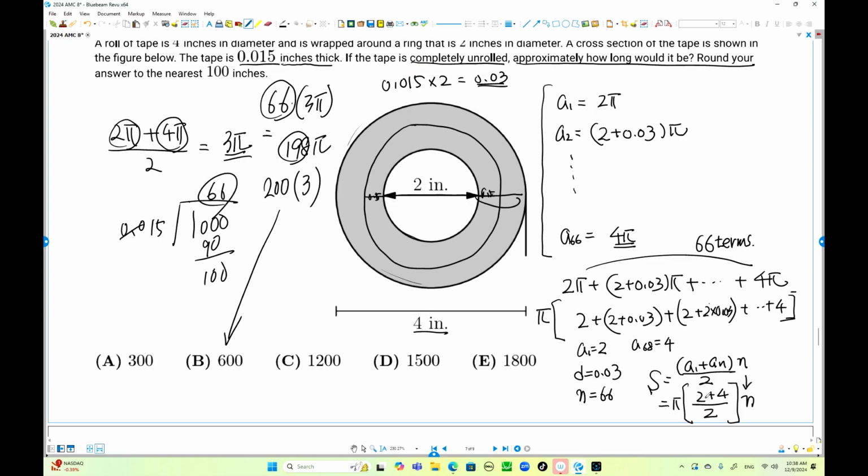When you multiply by pi, that's 2 pi plus 4 pi over 2, times the number of circumferences, 66, which is the total length of tape. So better use this formula, because this is an arithmetic sequence.